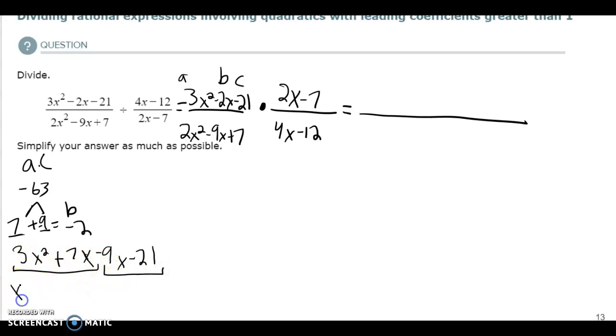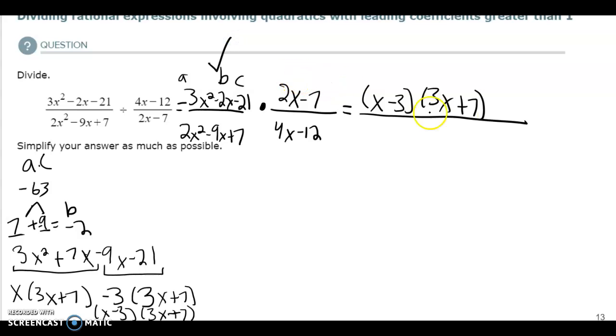I can factor only an x out of this first part. I can pull a -3 out of this second factor. So our numerator simplifies to x plus 3.